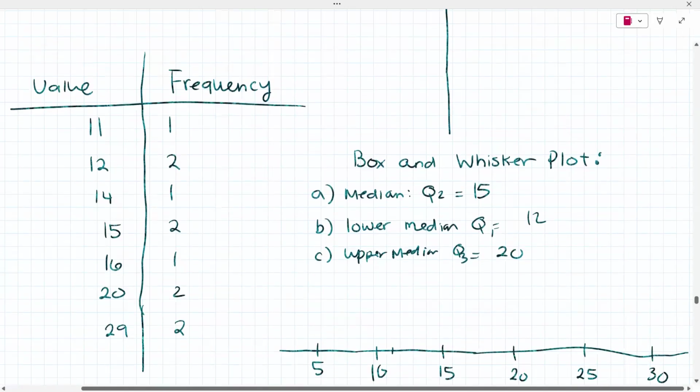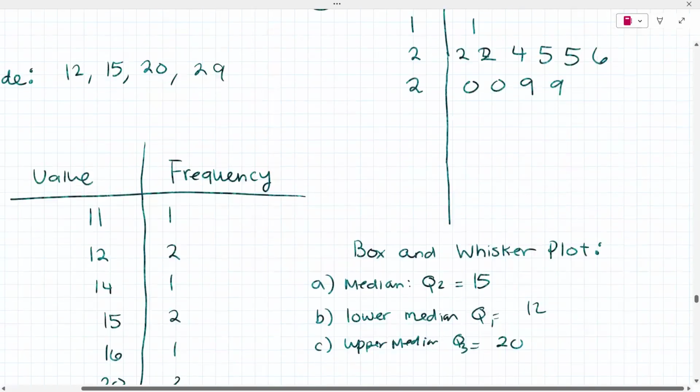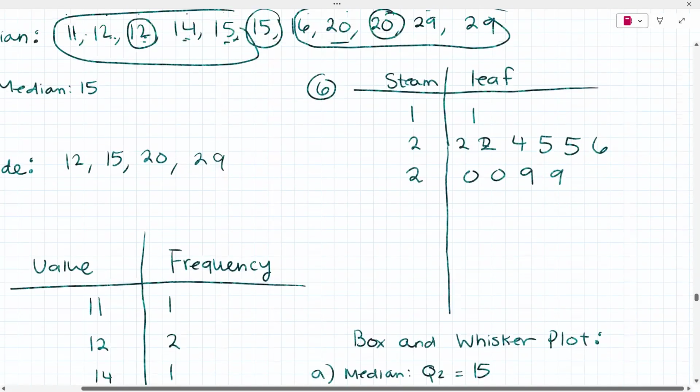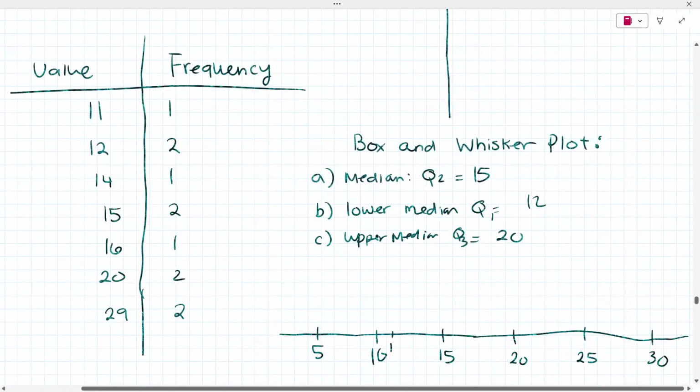What's our minimum? That's what we need. Minimum is 11, so put a little dot there. Then 12 is quartile 1, so you put a little dot there. 15 is our median.